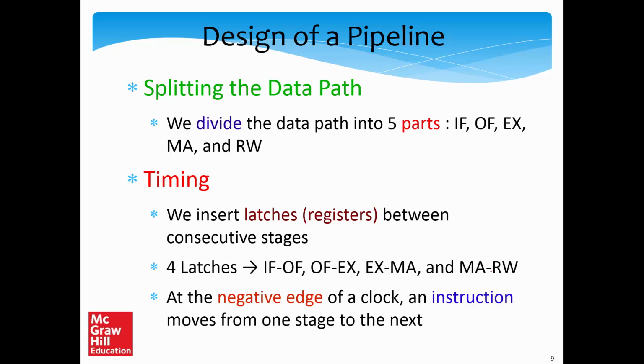Now let's take a look at the design of a pipeline. The first thing that we need to do is split the data path among the 5 stages, in a nice and clean way. So we need to divide it into 5 parts, such that each part can contain a separate instruction. Regarding the timing, we need to insert latches. Well, they are not latches, they are actually flip-flops, because they are controlled by a clock.